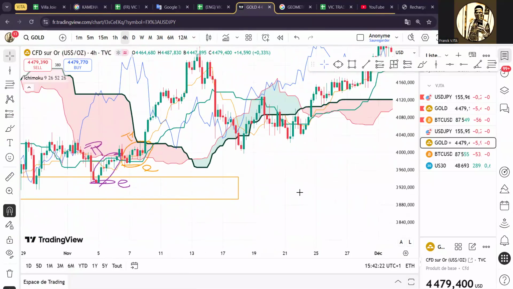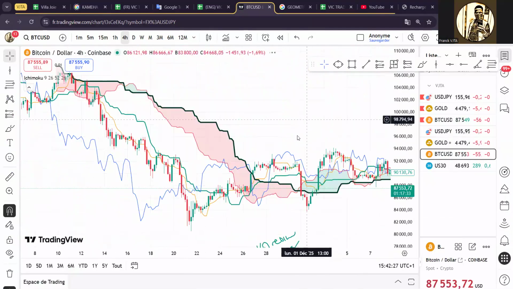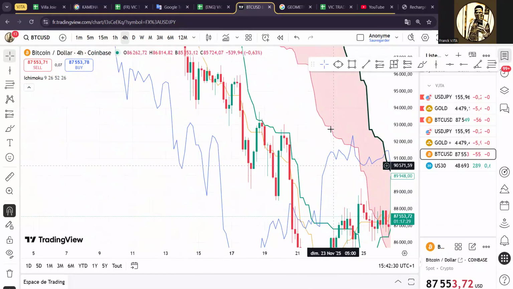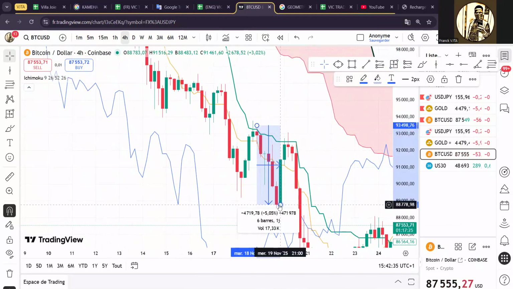So let us say, for example, let's go on Bitcoin. Let us say you make a remark that Bitcoin has the habit of falling. The Kijun on Bitcoin usually falls down to the downside by a minimum of 400,000 pips, right?